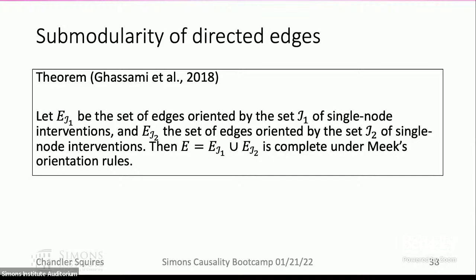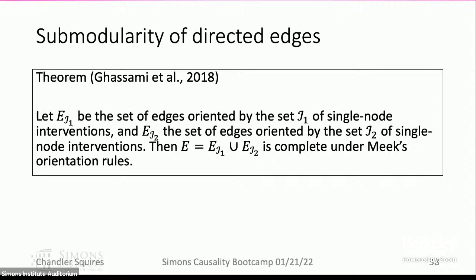Then if we take the union of the edges that we get from both of these, you think of it as starting with a bunch of edges that I learned from one intervention, and a bunch of edges I learned from another intervention. Now I mix those together, and I ask if I can orient any more edges.